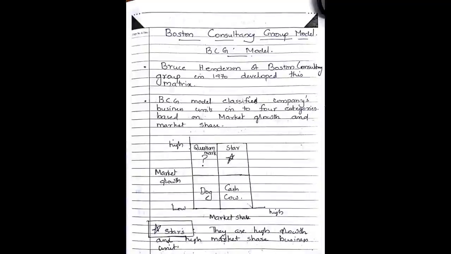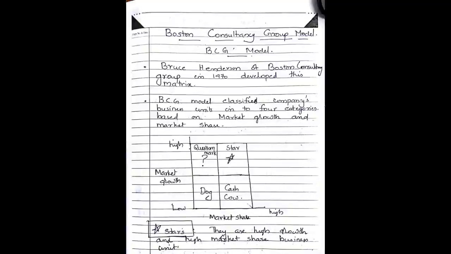In the graph you can see the third category as dog product. Here market share is very minimum and market growth is also very minimum. Now the product is very much known to the market, but the market growth is very low because the demand has become minimum, and our product's demand is also minimum.